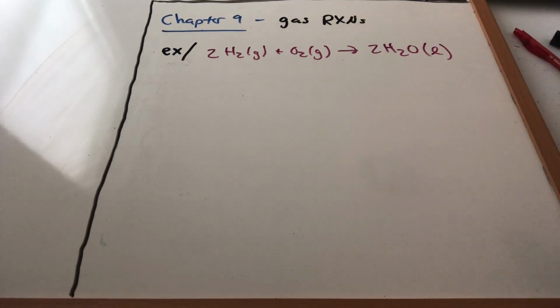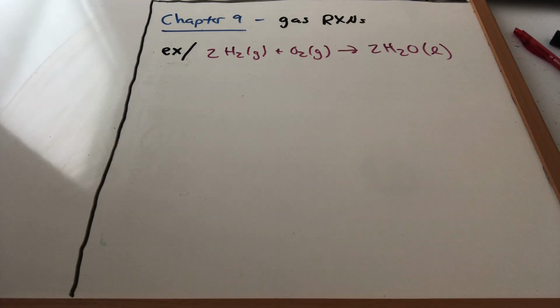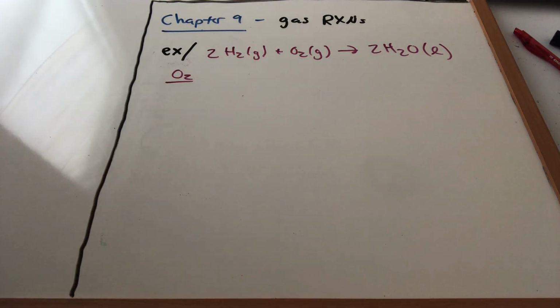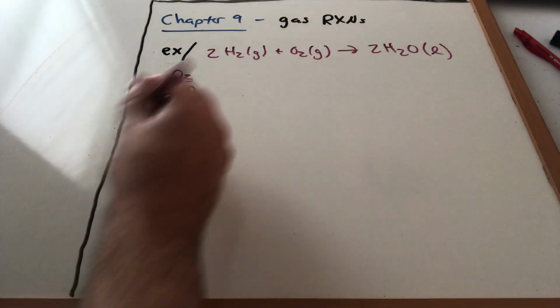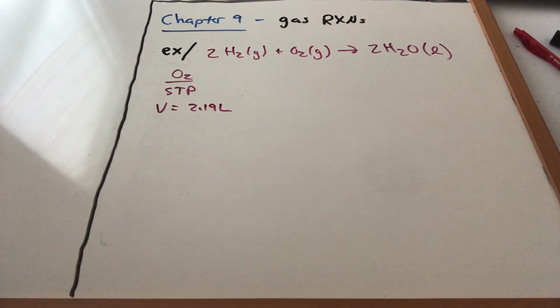This is a formation reaction. We'll talk about that in the next video set, so don't worry about that quite yet, but it is interesting to see that, yep, we're forming one thing, we're forming water, okay? Now I'm going to give you some measurements that we took. In terms of O2, we analyzed it at STP, and we measured its volume to be 2.19 liters.